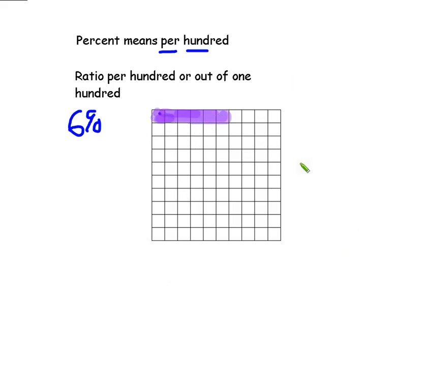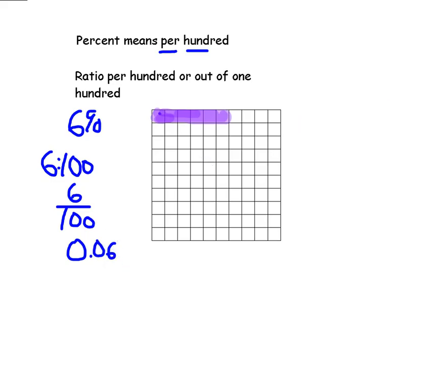If this is 1, I gave you 6% of, or if it was like a piece of a square cake, and I gave you 6% of it, this is the portion I would have given you. And that's the same as 6 out of 100, the ratio. So for every 100 I get, you get 6, or 6 hundredths, the fraction. Or we could think of it as a decimal, 0 tenths, 6 hundredths.